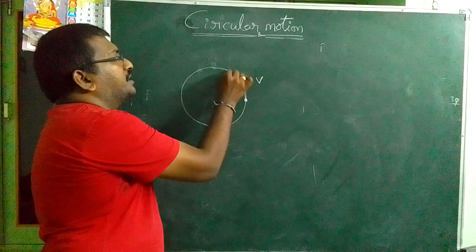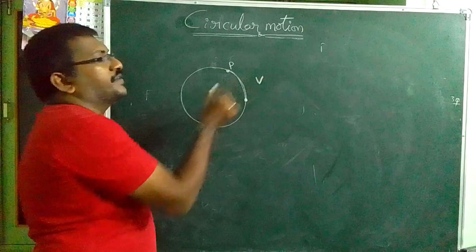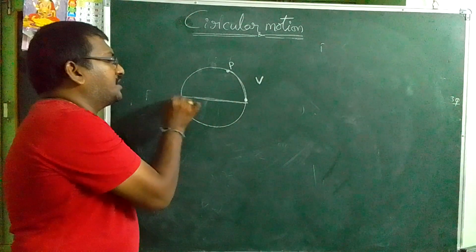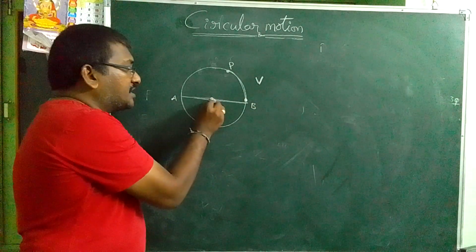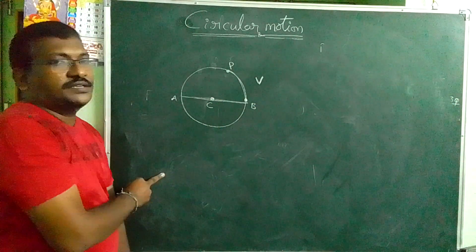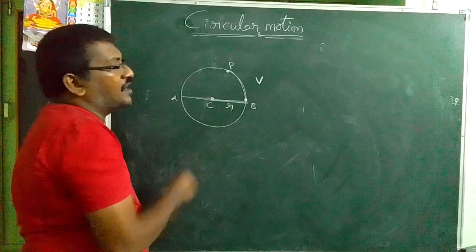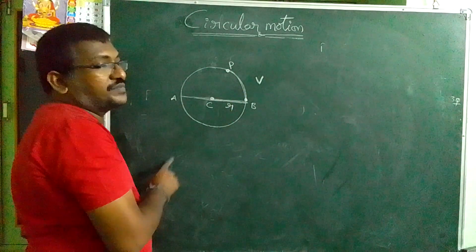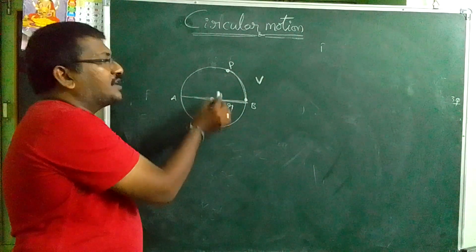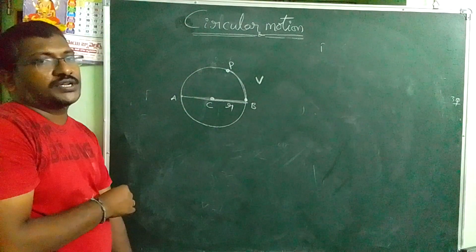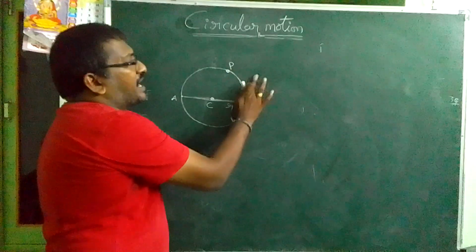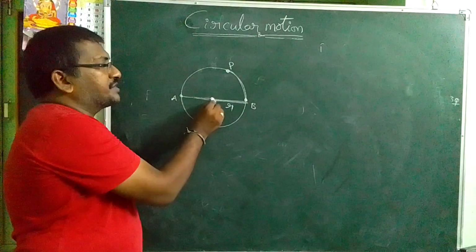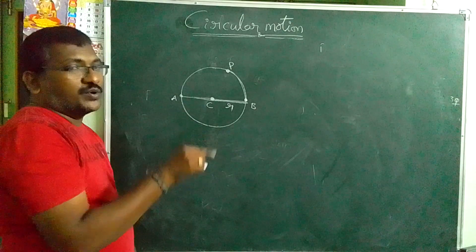When it is at point P, the velocity of the particle is v. The diameter of this circular path is given as AB, the center of this circle is C, and the radius of the circular path is R. Now what is the angular velocity of this particle with respect to C and with respect to A? That is our question. What is the ratio of the angular velocity of the particle with respect to point A and with respect to point C?